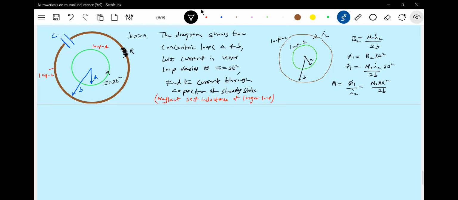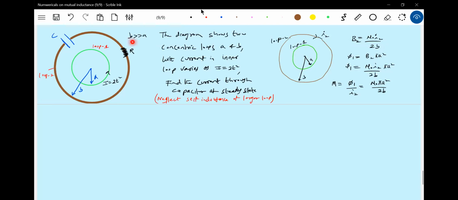Now one question: okay, sir, what is this magnetic field? It is the field strength at the center, but the magnetic field at different points will be different. How come you're assuming the magnetic field everywhere inside the loop to be constant? Because what you found is at the center of the loop, mu naught I2 by 2b. But will the magnetic field be the same everywhere?